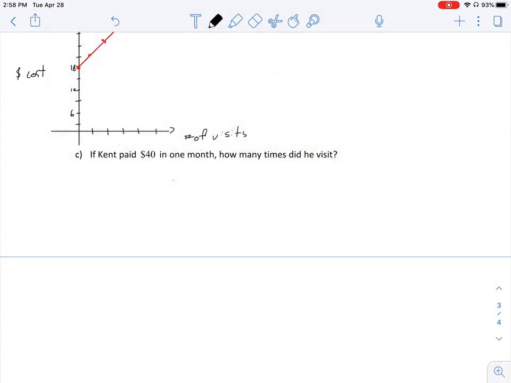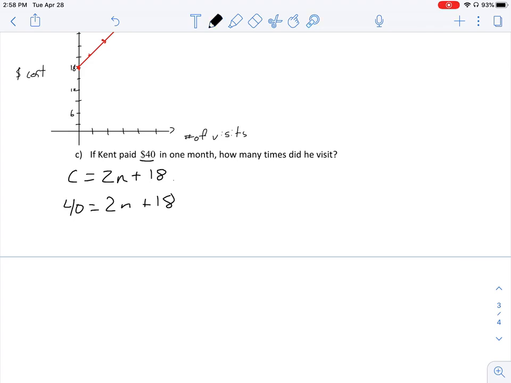Well, we know our equation, cost is equal to $2 for every visit plus $18. We know that it cost him 40, so that would go here. 40 is equal to 2n plus 18, right? We're trying to find the number of times that he visited. So we're actually trying to find our n because we know it cost him $40, so that's where the 40 would go.